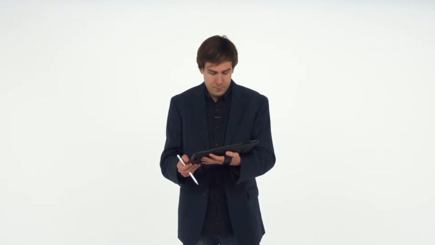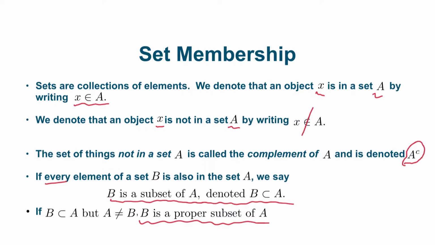This is saying that I'm making a comparison between two sets. If everything in B is also in A, then we say that B is a subset of A. There is a rather trivial case of subsets, which is when A and B are the same set. If this is not true, if actually they are different, but B is completely contained in A, we say that B is a proper subset of A.